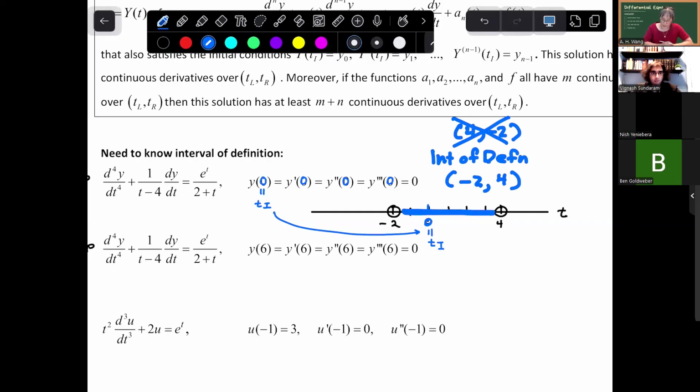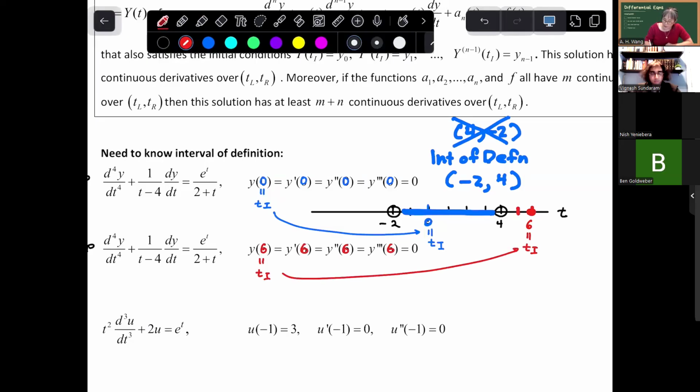Okay, then I'm going to be quiet. I want you guys to write down the interval of definition for the next one. Now, can somebody tell me what that's going to be? From 4 to infinity. Exactly. So this is this one, right? Does everybody see that this is the initial time? And if that's the initial time, then it's right here.